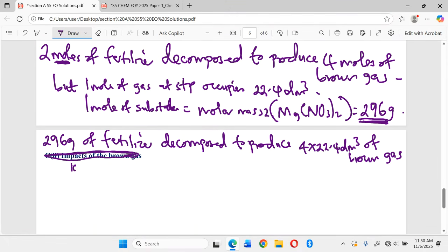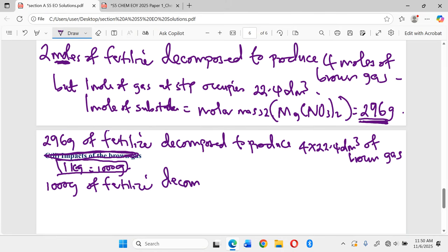What about 1 kilogram? 1 kilogram is equal to 1,000 grams, because this is the one which was decomposed. So if 296 grams of fertilizer produce that, what about 1,000 grams of the fertilizer decomposing to produce?